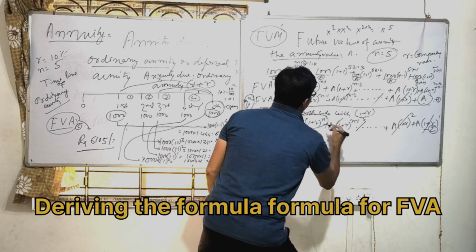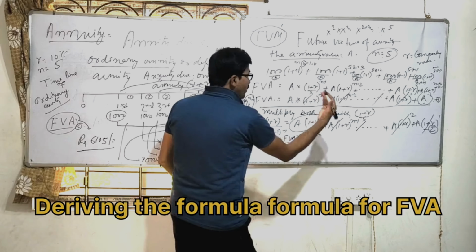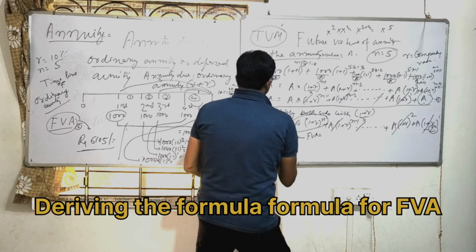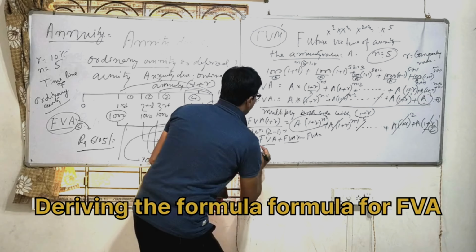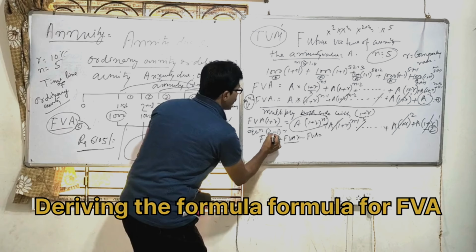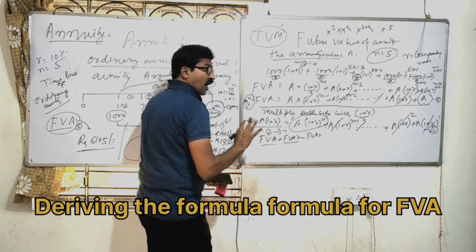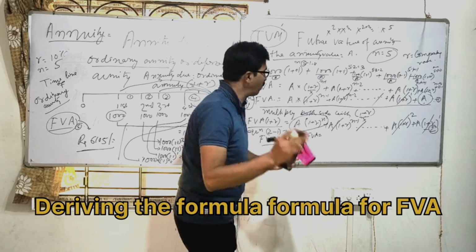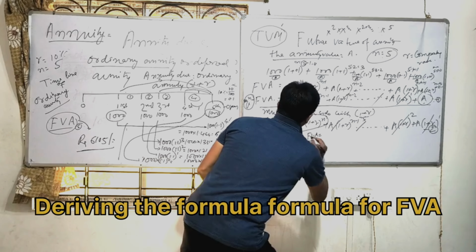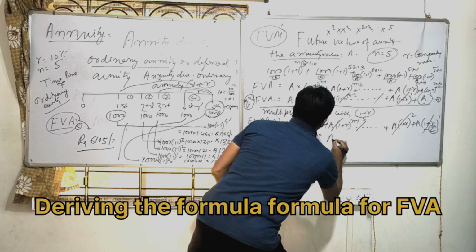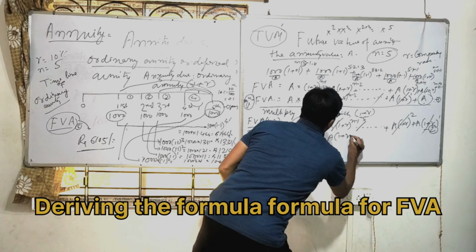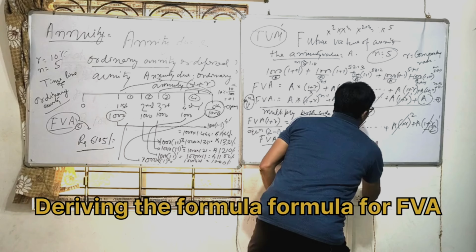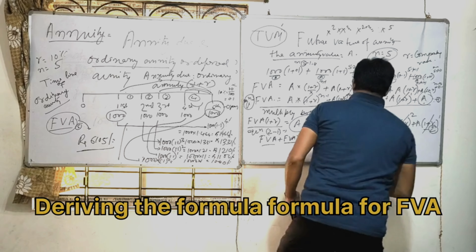So if we subtract 1 from 2, I have equation 2 minus 1. The language will be subtracting equation number 1 from equation number 2. I will be getting here: a into 1 plus r to the power n plus a.